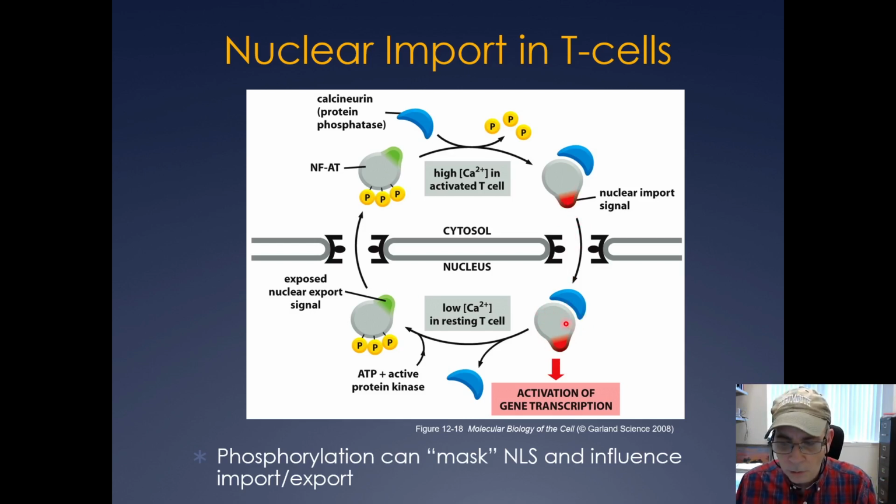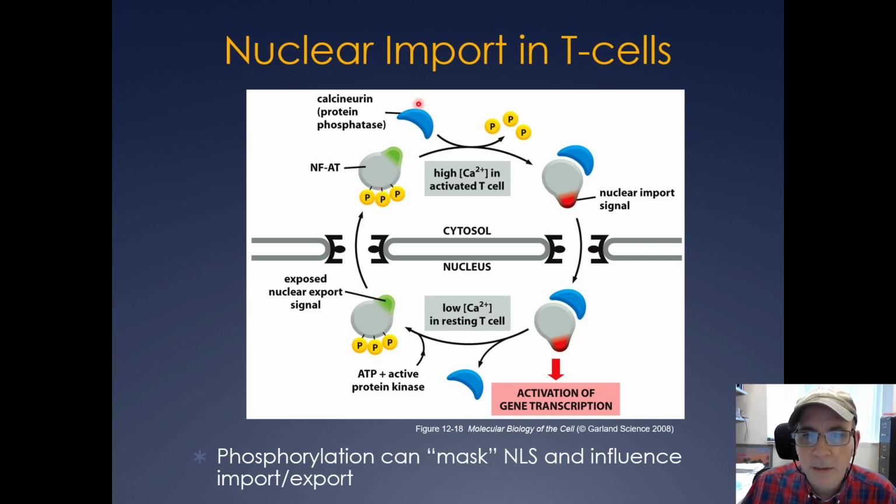And during the whole process of activating transcription, the protein becomes phosphorylated. And once it's phosphorylated, that causes the protein to change, and the nuclear import signal is buried, and you get an exposed nuclear export signal, which is then bound to an export receptor and brought out into the cytosol.